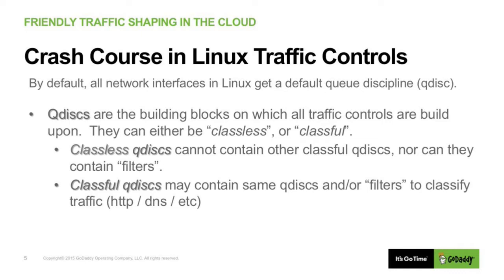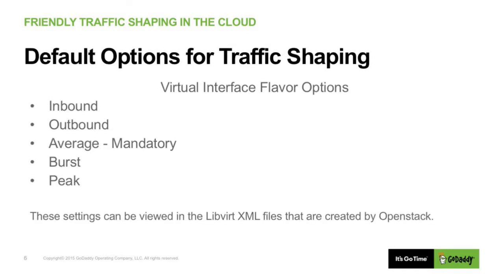A classful QDisc can contain the same type of scheduler QDisc that you have chosen, and you can also apply filters to classify the traffic through these QDiscs, such as HTTP, DNS, or any other type of traffic that you want to work with.